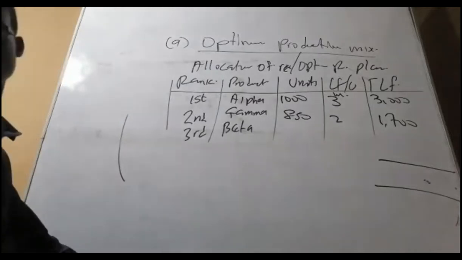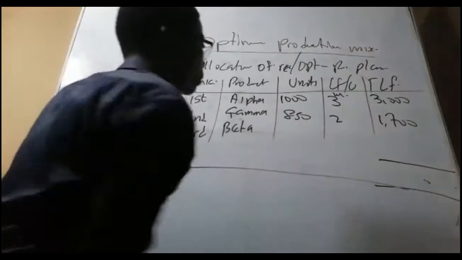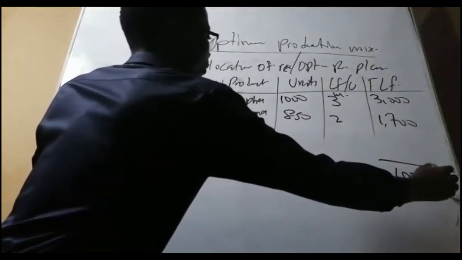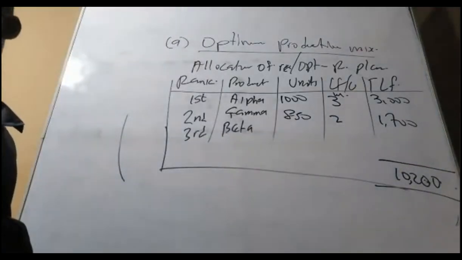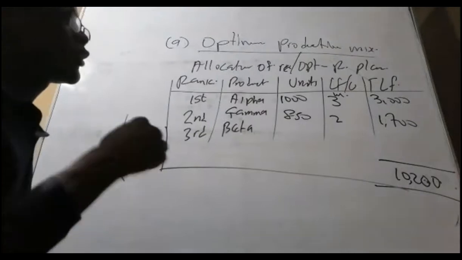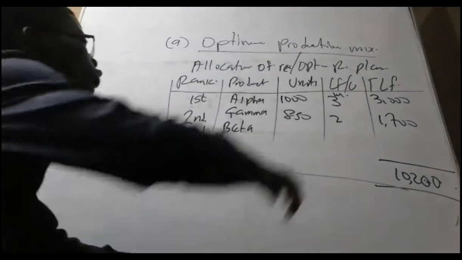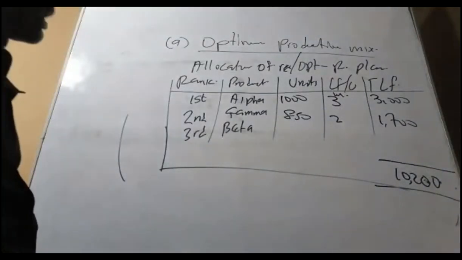What's the total minutes available? So total minutes available could be 10,200. That is what we have. We cannot go beyond the 10,200 minutes. Okay. So if we have 10,200 minutes and then we have used 4,700, how many minutes?